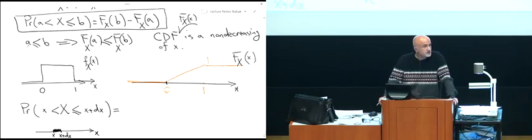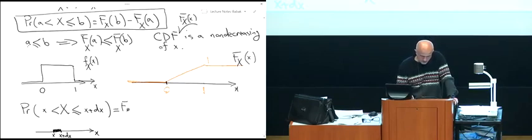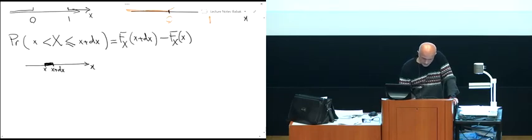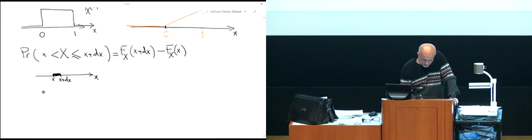How would you write this in terms of the cumulative distribution? We already did it for A and B. So what's my A here? And what's my B? So what should I write on the right-hand side? It's what minus what? F at x plus dx minus F at x. Correct? All right. So what I'm going to do now is divide each side by dx.